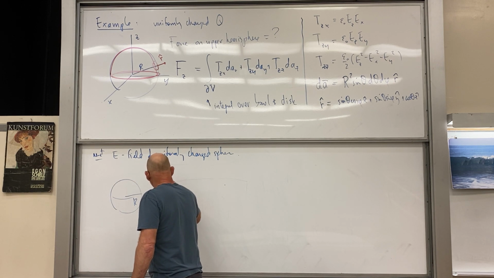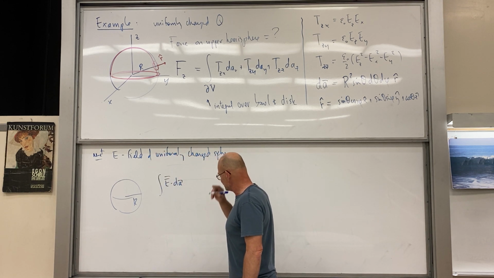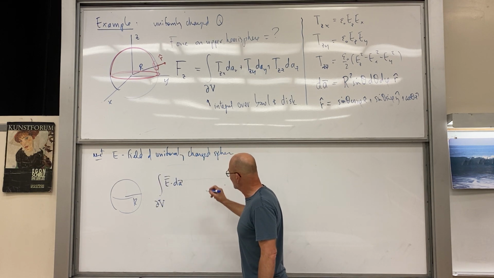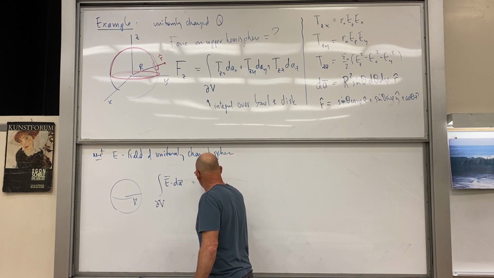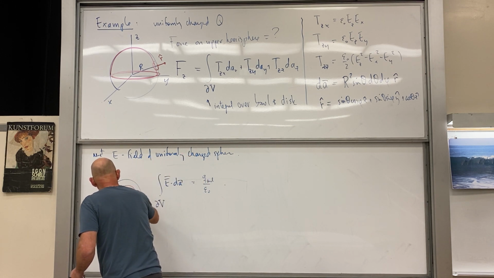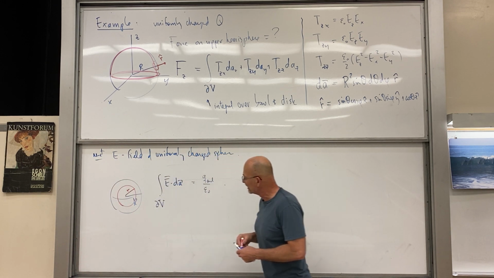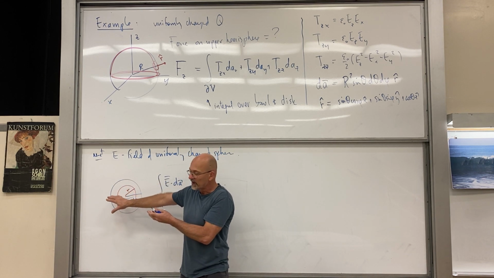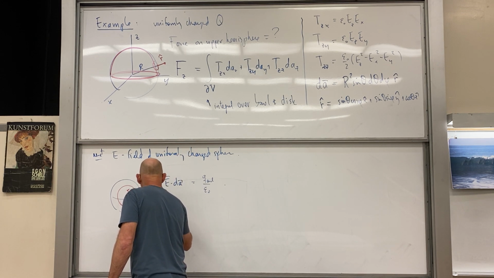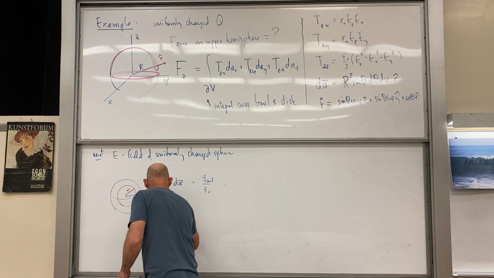and we're going to use the integral of E dot dA over the surface there is equal to Q enclosed over epsilon naught. And our Gaussian surface is just a centered sphere of radius lowercase r. And so by the symmetry here we have E times 4 pi r squared.